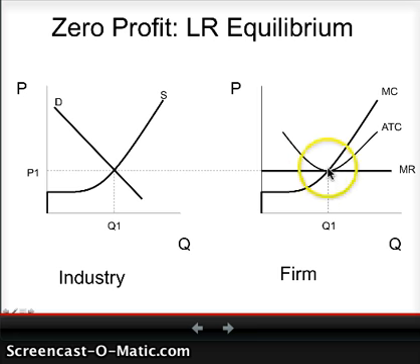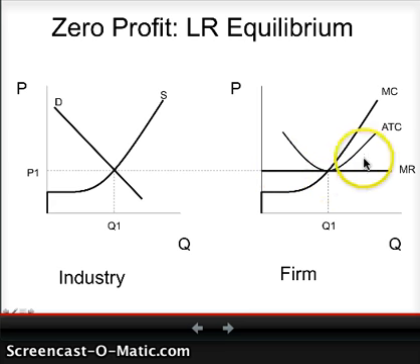Notice I put the ATC curve. So you know, and we'll do this later in more detail, the ATC is basically going to be Bob's average cost of production. So what we have here is a price that equals the ATC at the profit max.